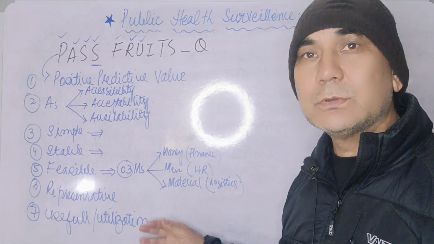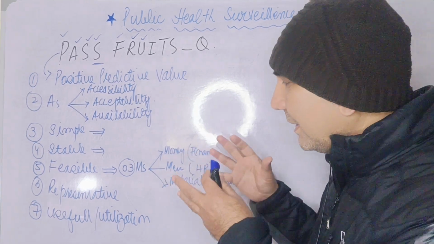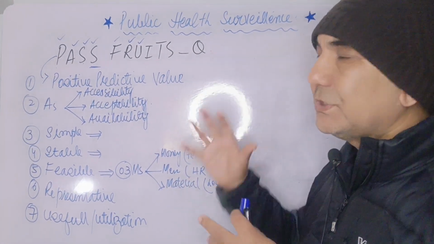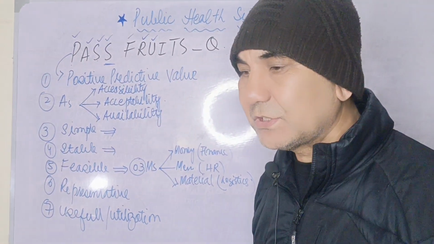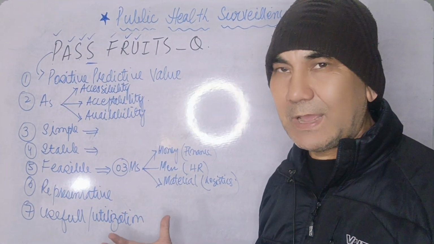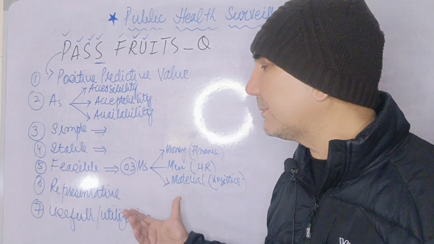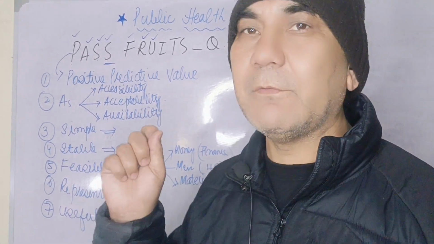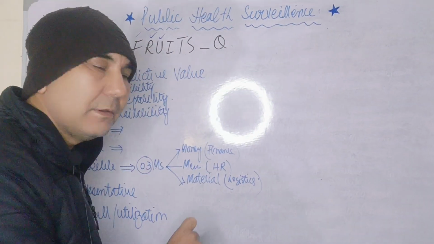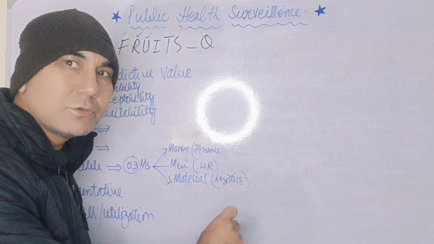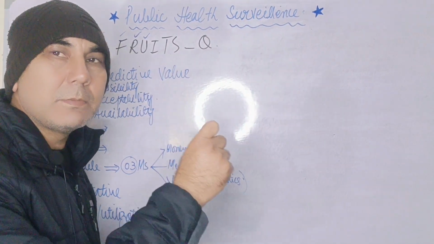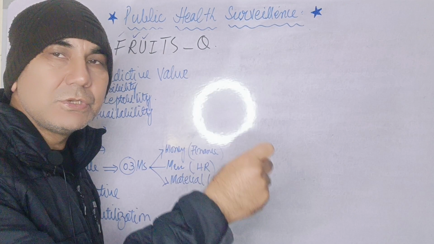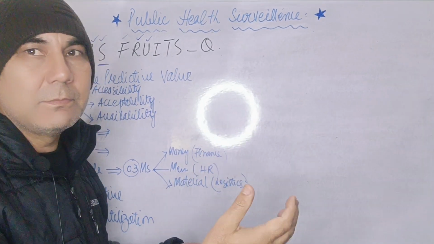It means the data or result that comes from the surveillance system should be useful for decision making, for planning, and for the prevention or control of that particular public health problem which has happened in the community.